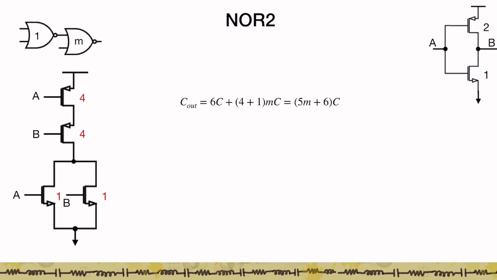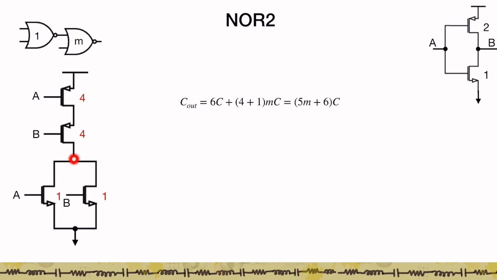Okay. Now let's look at a NOR 2 gate. Again, this is the nominal inverter in the technology. So in a NOR 2 gate, I have a small gate driving another similar gate which is sized m times larger than this gate. Again, the total capacitance at this node is going to be the internal capacitance of gate 1 plus the gate capacitance of the m gate.